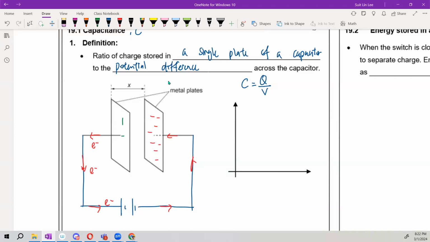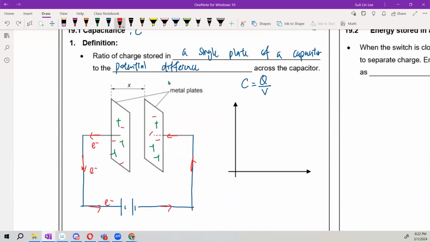When we start, before any of this, they are neutral, meaning they have an equal number of positive and negative charges. This is how it begins. But because we connect to the battery, it wants to try to set up a potential difference between the plates. That's the job of the battery. Its job is to make sure everything connected across it is the EMF.